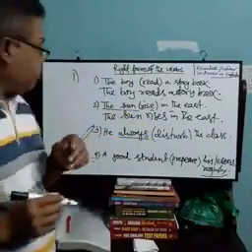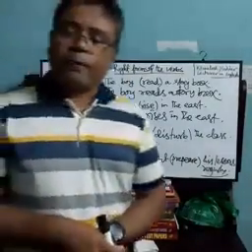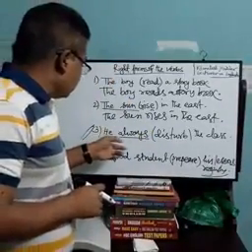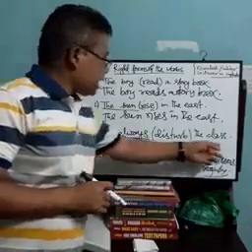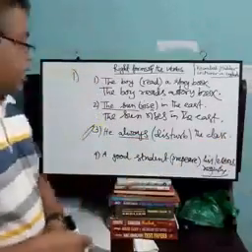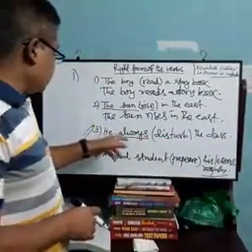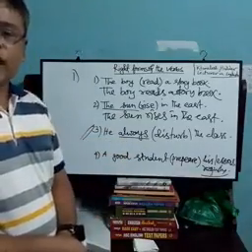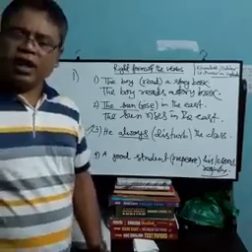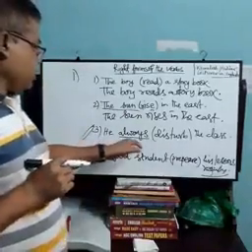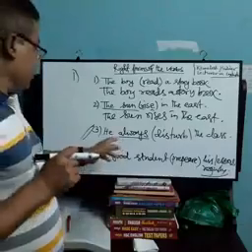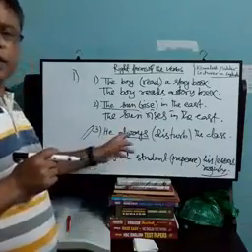And the third example: here there is no time fixation. If a few words such as always, regularly, sometimes, often, etc. are used in the sentence, those sentences will be in present indefinite tense.